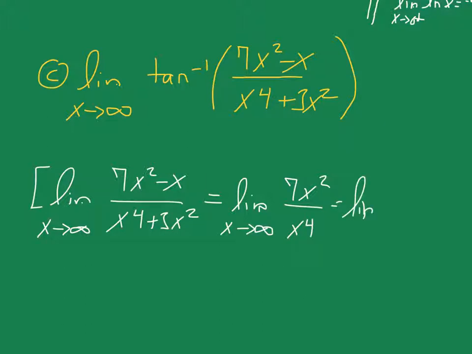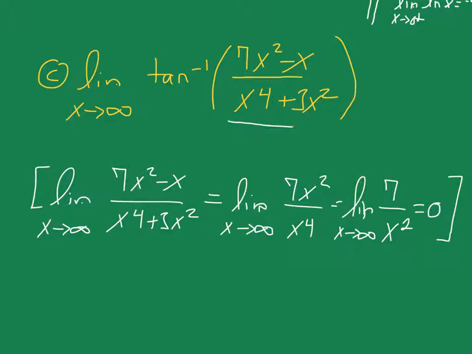And we're left with this limit here, which, after canceling x squared, looks like the limit as x tends to infinity of 7 over x squared, and this limit is equal to 0. As x becomes large and positive, 7 over x squared becomes close to 0.